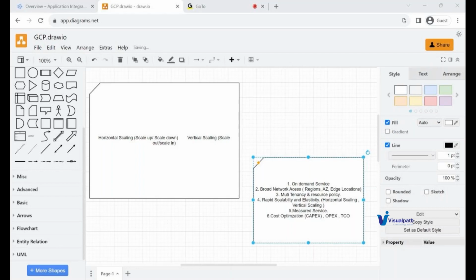Those are basically the data centers: a huge number of servers, compact and kept in high security. In layman's terms, that is what I mean by data centers, right?